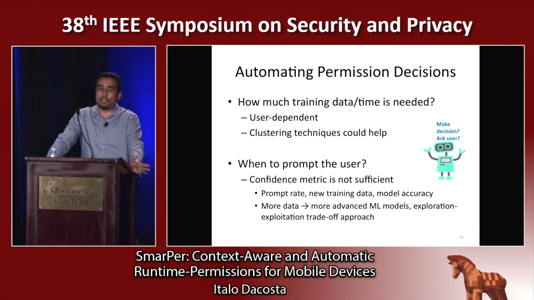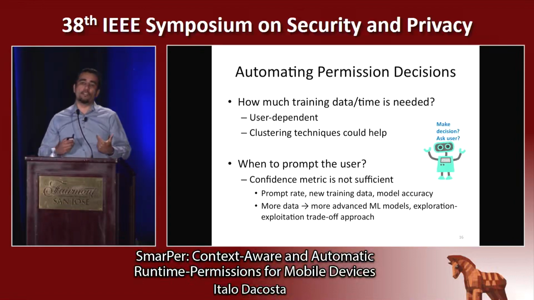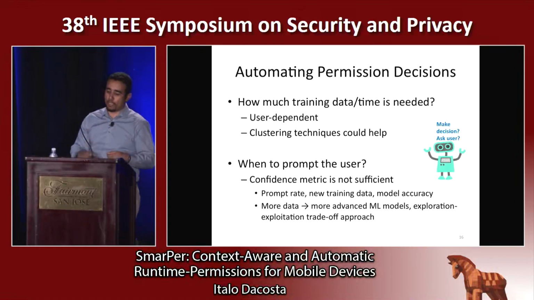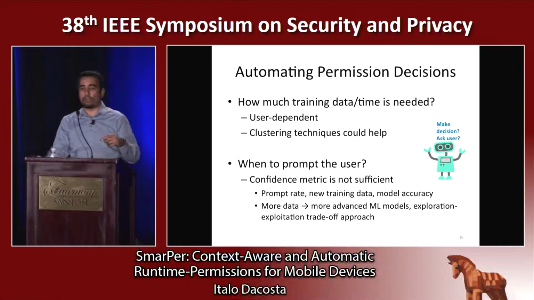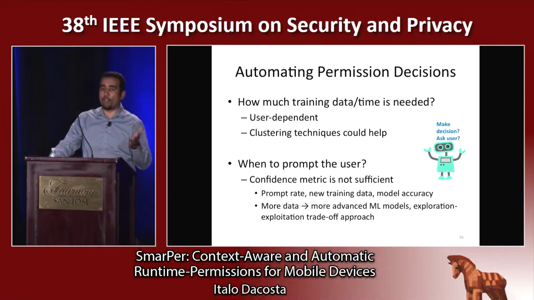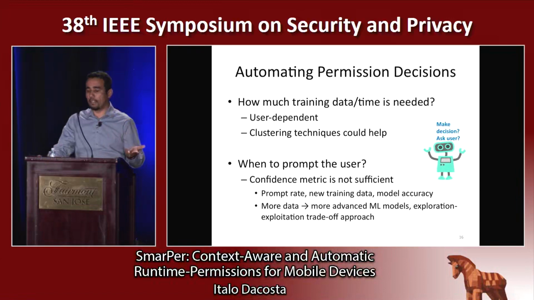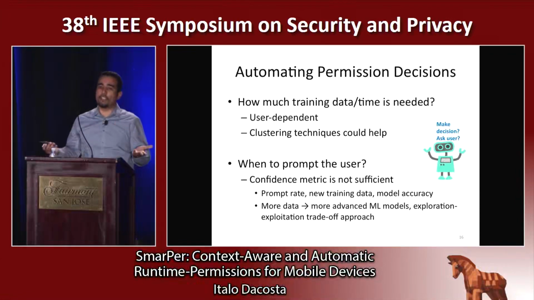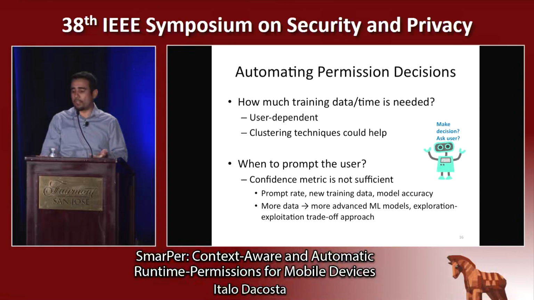Again, this is user dependent. So it depends how willing is the user to provide us with decisions. And second, how easy or difficult is the user to predict. For this, then a longer term study is needed and with different type of users.